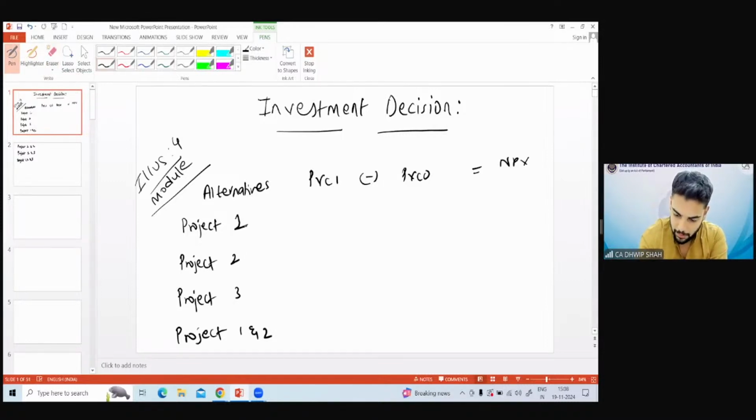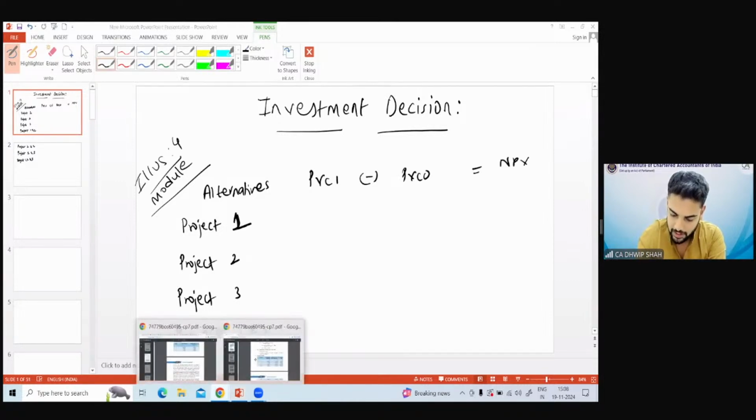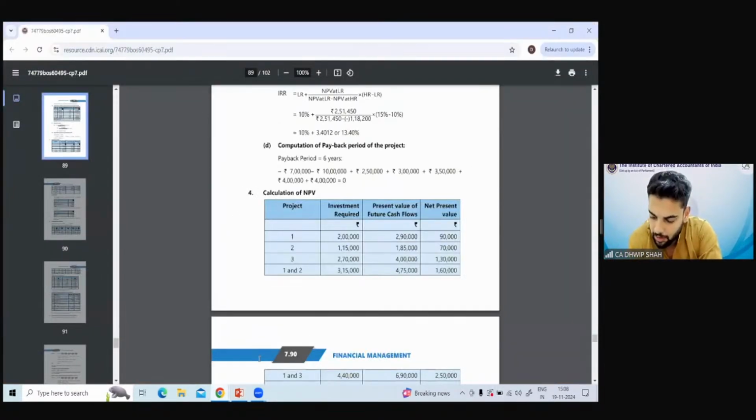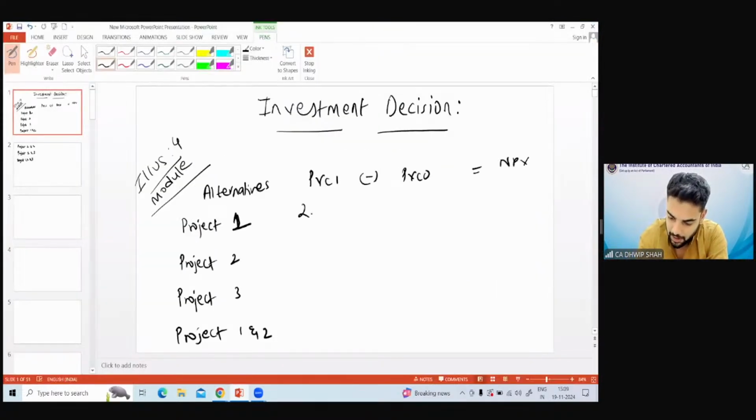So when only project 1 is undertaken, can I say my NPV would be 2,90,000 minus 2 lakh? Yes or no? PVCI. See friends, again I am repeating, they have directly given the present value of cash inflows. They have not given just the cash inflows figure. Students generally make an error over here if a discounting rate is given.